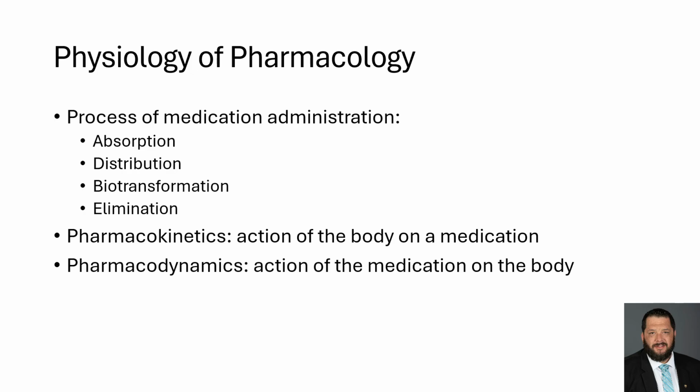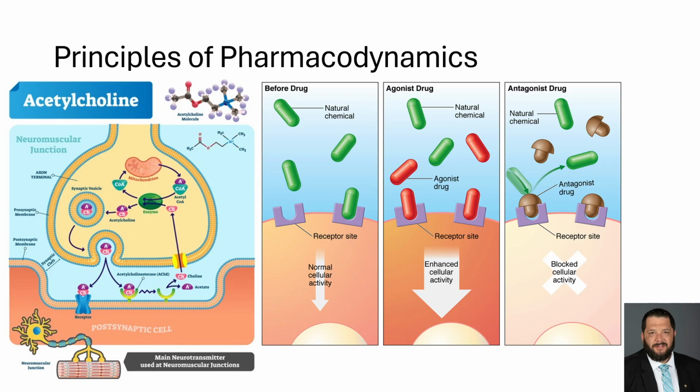Those processes include things like absorption, or how the body takes up the medication, distribution, how the body moves the medication to its intended target, what form of transformation occurs, whether it's through metabolism or other forms of biotransformation that occur to the medication once it's administered, and then elimination, how the body gets rid of the medication's byproducts or metabolites. Let's look a little bit deeper into pharmacodynamics.